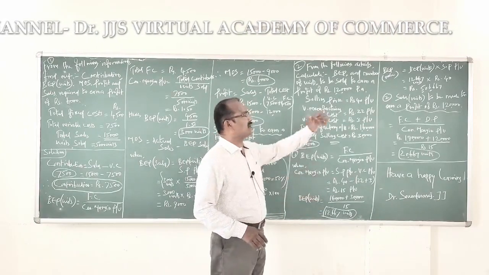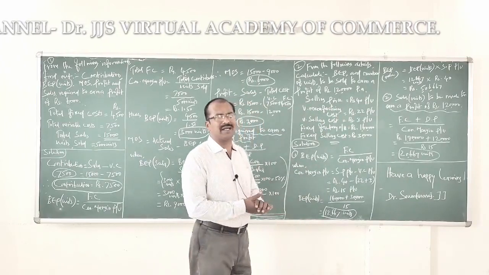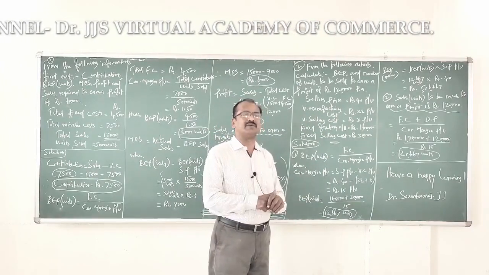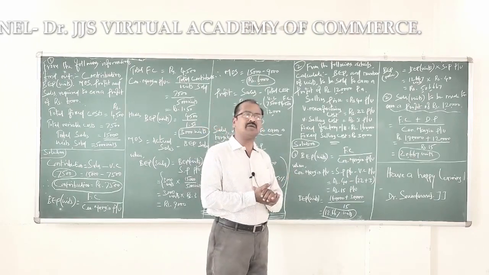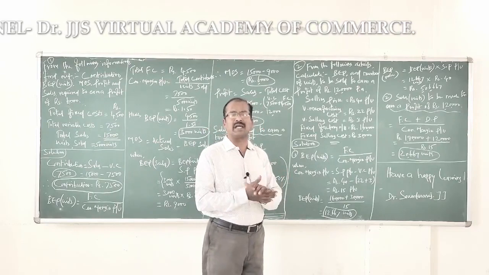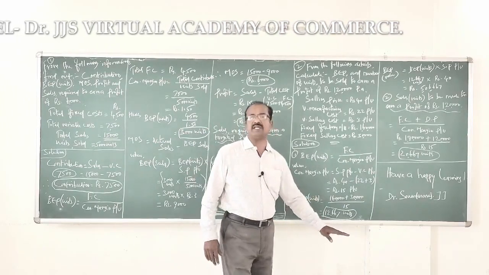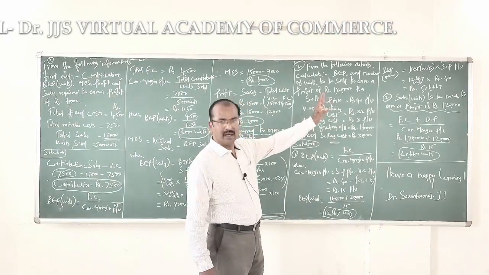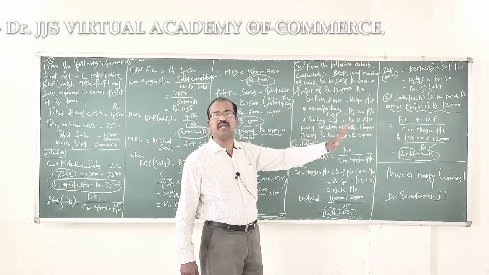Now from this, let us also calculate break-even point in value. When the problem is silent about whether we should calculate BEP in value or BEP in units, you better calculate both if possible, right? I have already calculated BEP in units. Now let us get into the calculation of BEP in value.